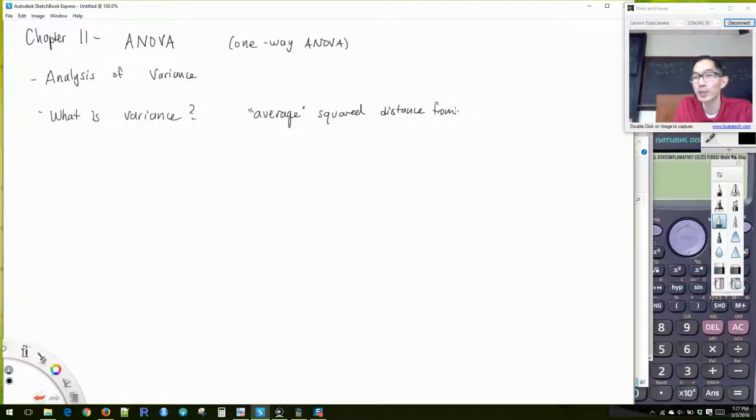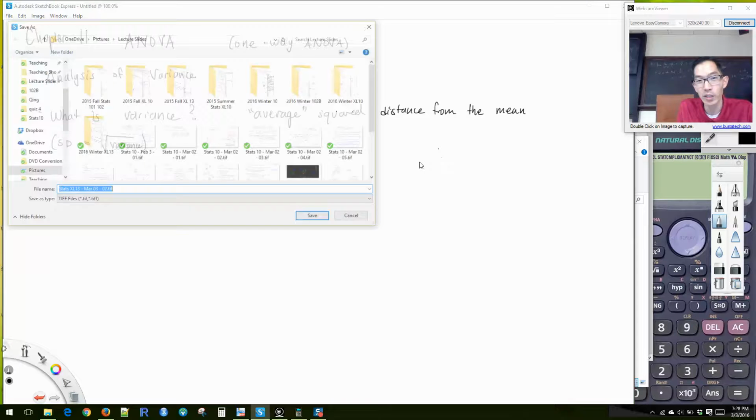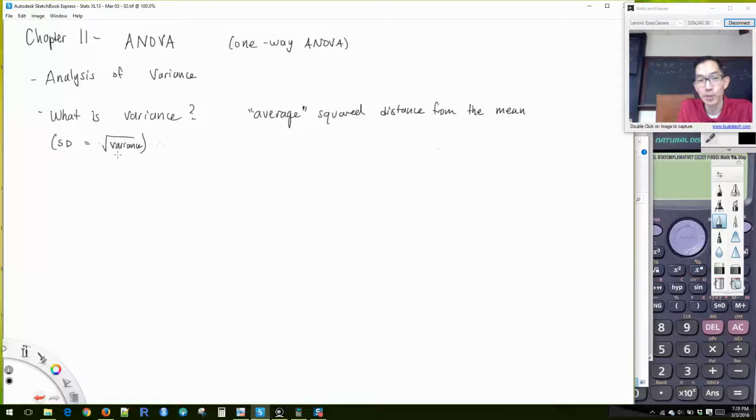Is there a question there? I thought that was the definition for standard deviation. Yes. The standard deviation is the square root of the variance. So if it sounds familiar, it's probably because it is. The variance can be thought of as the quote unquote average square distance from the mean. And then if we take the square root of that, we end up with the standard deviation.